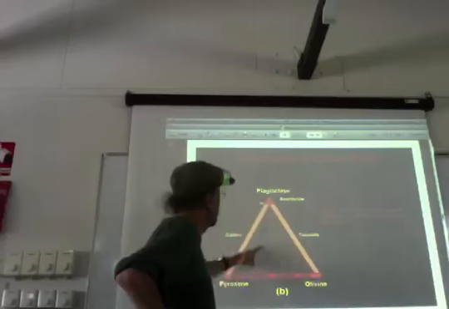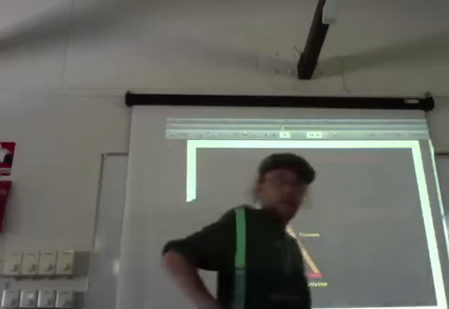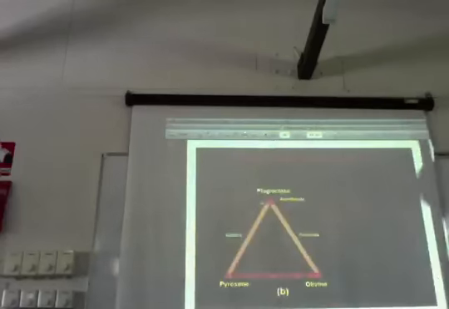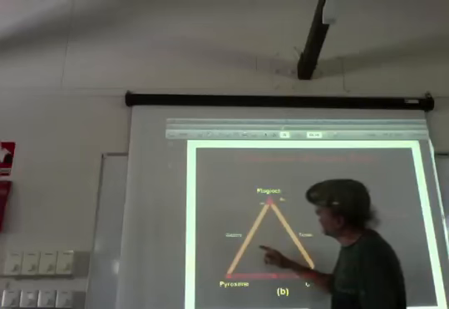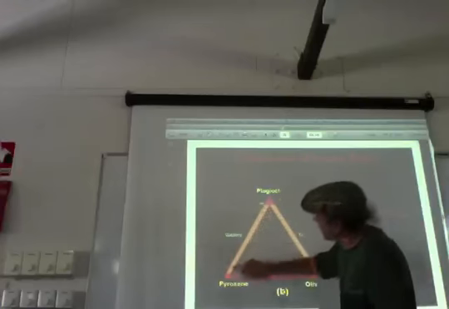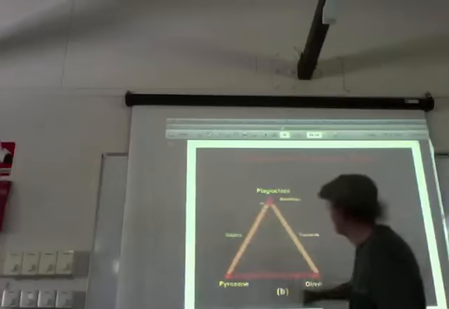In the middle we have the olivine gabbros. The olivine gabbro is a very silica undersaturated gabbro. The gabbro I just showed you has no olivine, so it is floating somewhere here on the line.